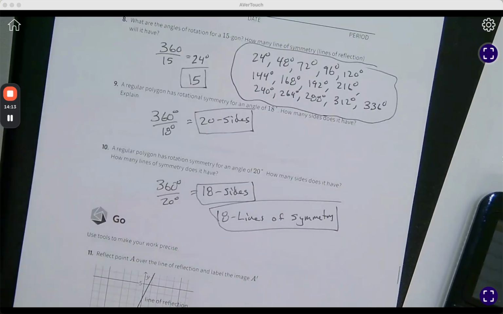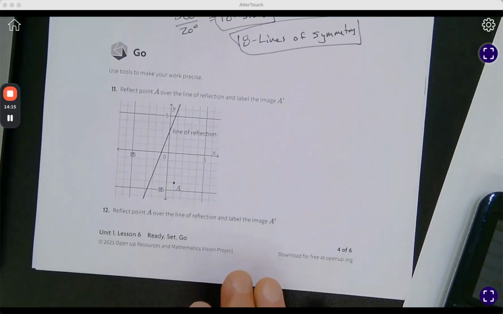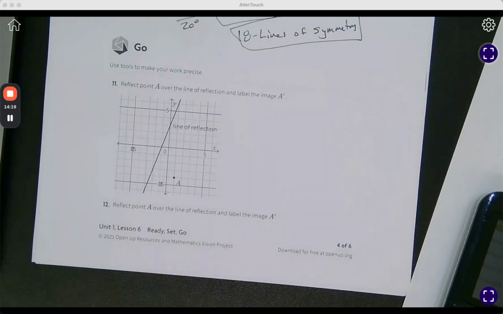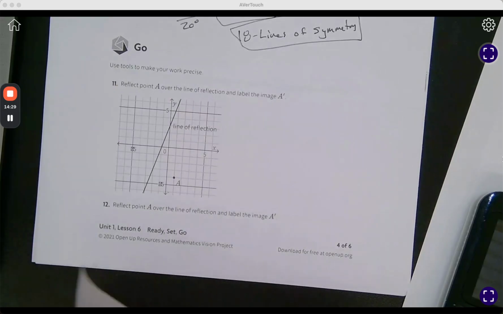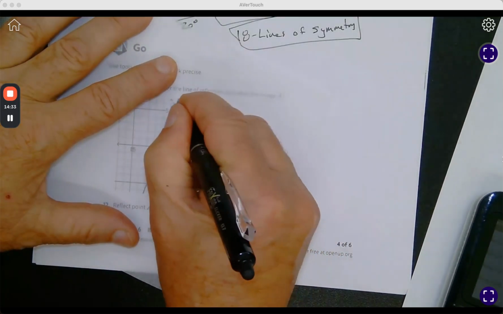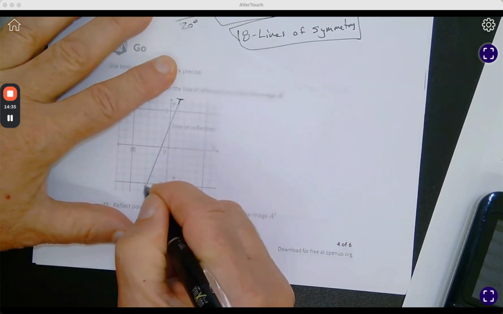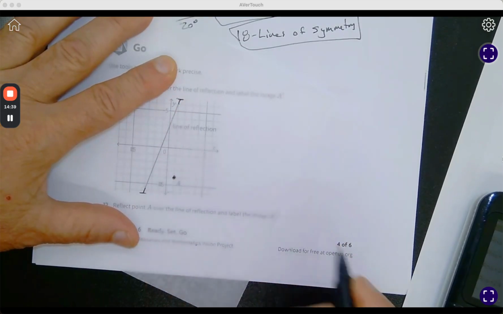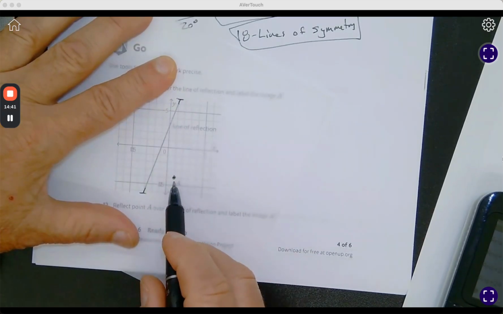Woo! Okay, let's go. Now let's reflect this thing over the line of reflection. I'm going to grab a piece of patty paper so I can do that. When I flip over a line of reflection, I mark the top and the bottom of the line, and then I mark my anchor point.